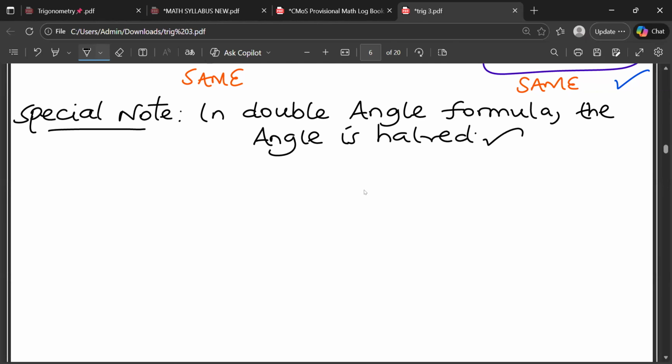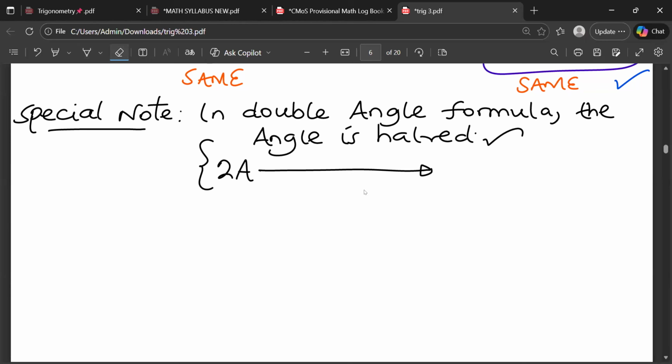That's what we have been doing. And what do I mean by the angle is halved? We have all realized that the 2a has been becoming a. That's why I've been putting same. So this is the same thing we are going to be doing. We're also going to be having the angles like that.